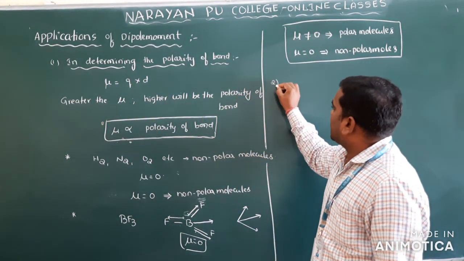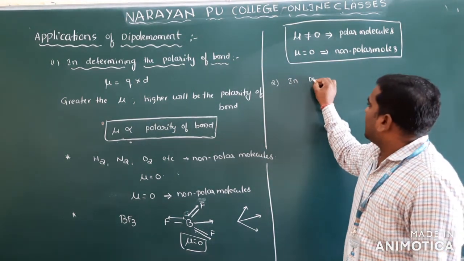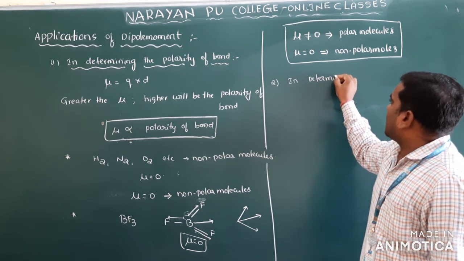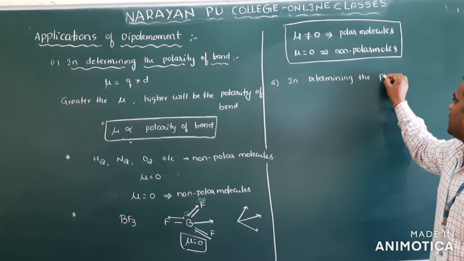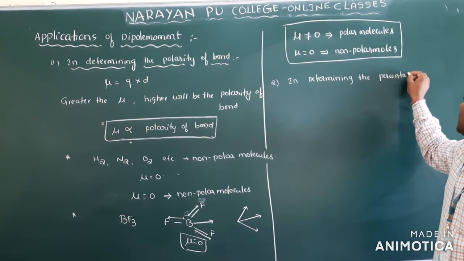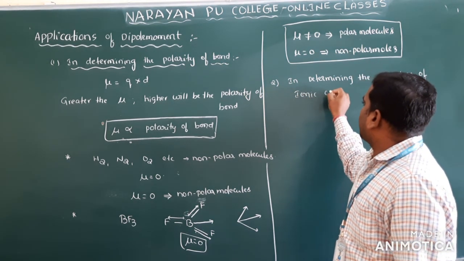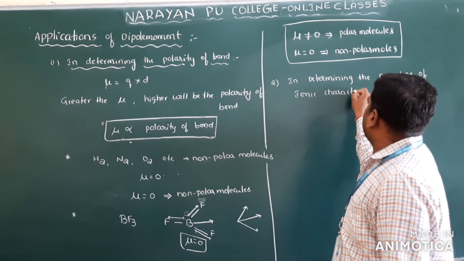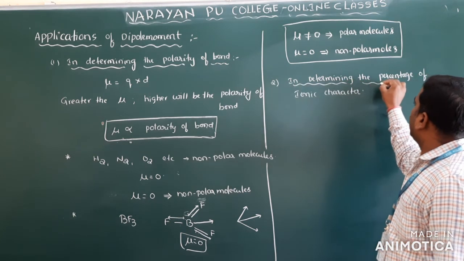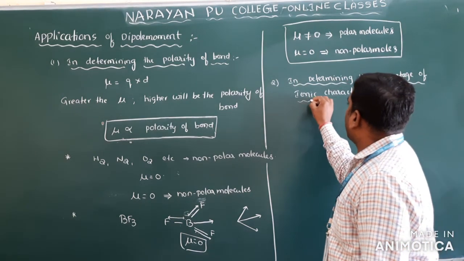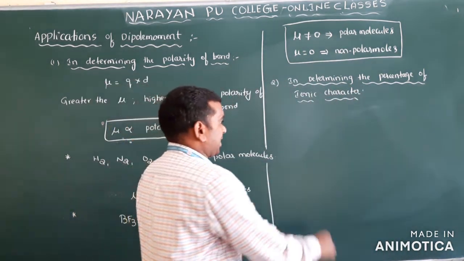And the second application is in determining the ionic character. Clear now? In determining the percentage of ionic character in a covalent bond. How to calculate the percentage of ionic character in a given bond?